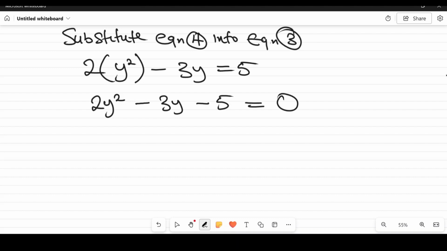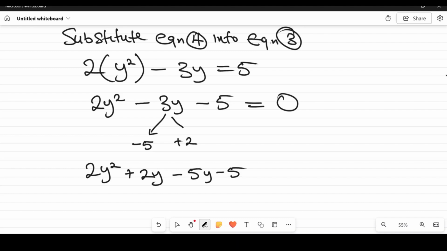So here, I will express this as negative 5 and plus 2. So our expression becomes 2y squared plus 2y minus 5y minus 5 equal to 0.